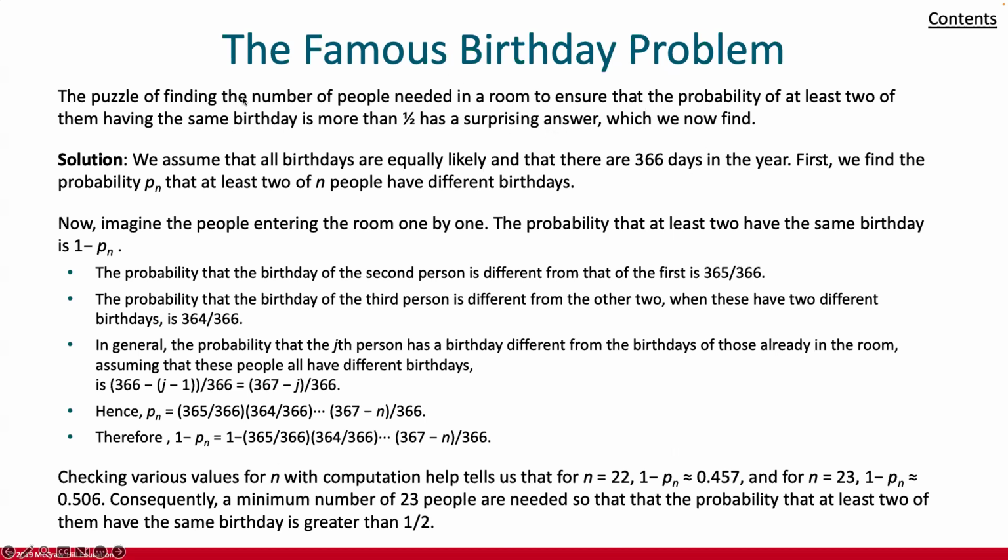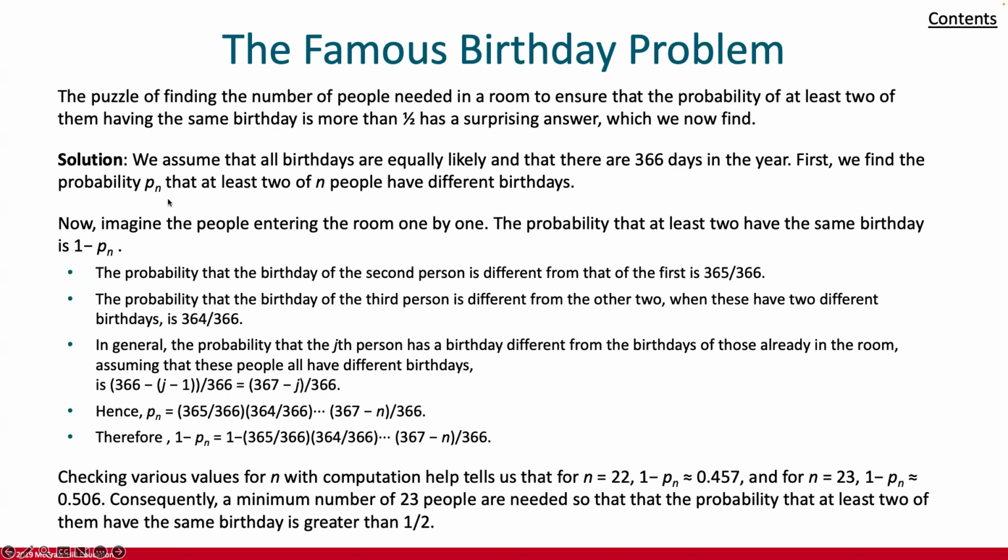The birthday problem. The puzzle finds the number of people needed in a room to ensure that the probability that at least two of them have the same birthday is more than one half, and it has a surprising answer, which we'll find. So we assume that all birthdays are equally likely. There are 366 days of the year, including leap year.